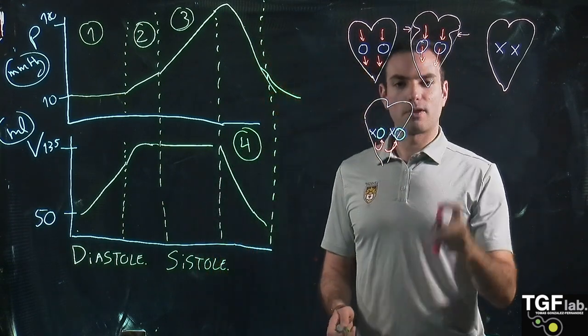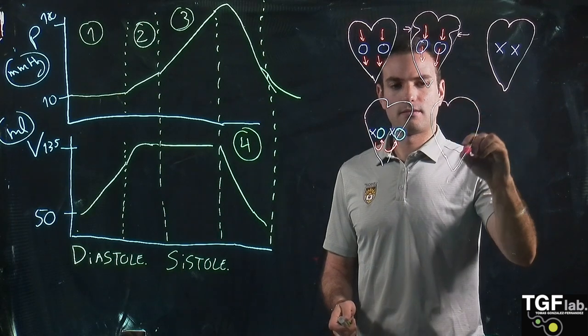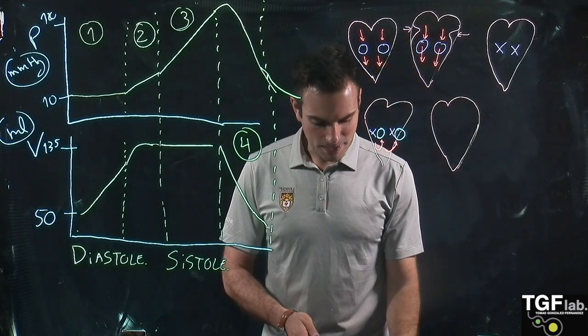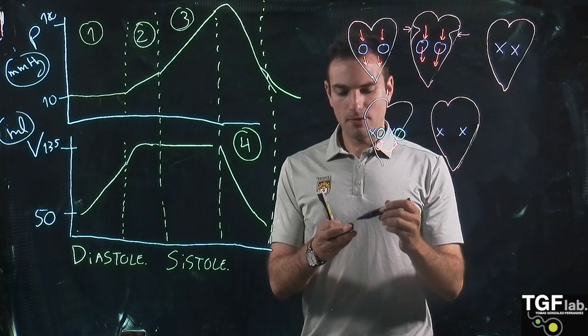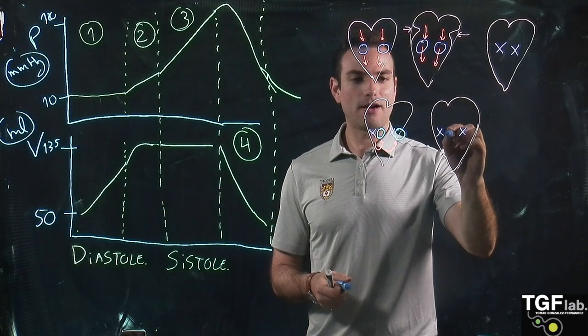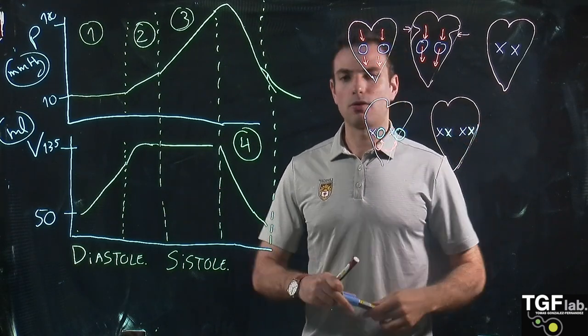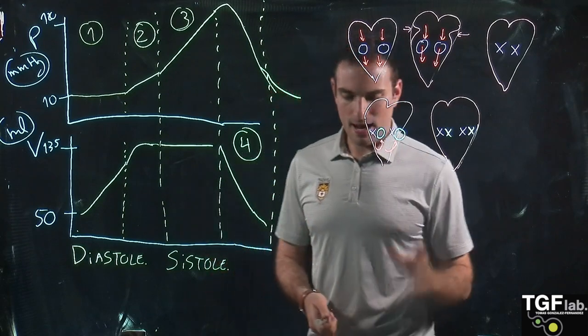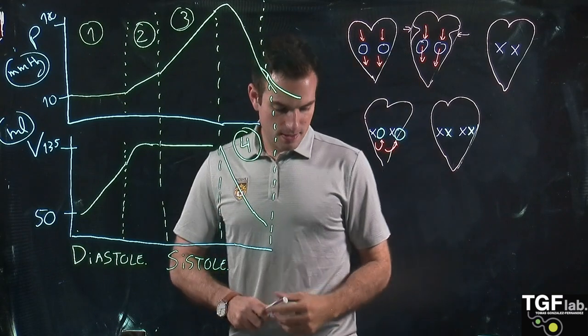Then the pressure is going to continue to go down. So if we go back to our heart schematic, both the valves that communicate the auricle and the ventricle, and the semilunar valves that communicate the ventricle with the systemic circulation, the aorta in this case, are going to be closed.